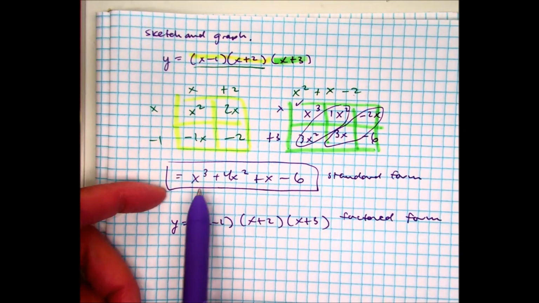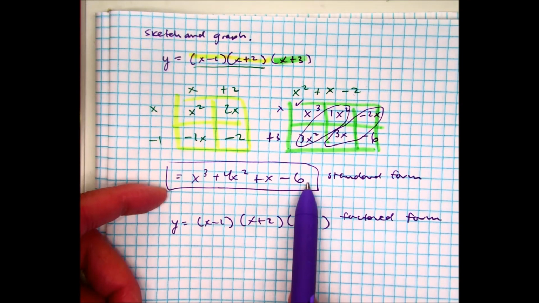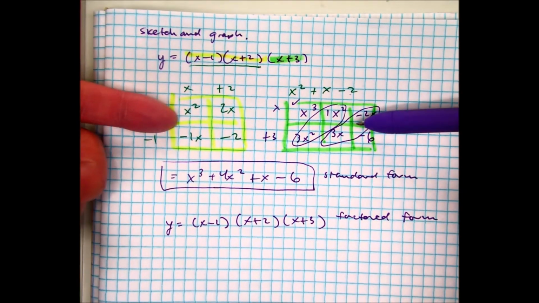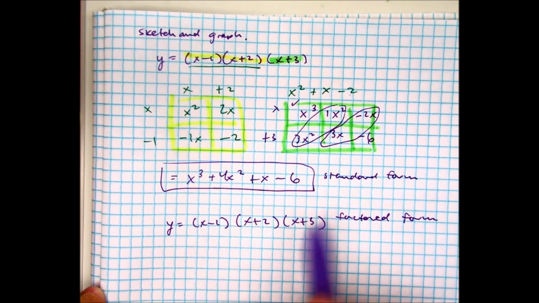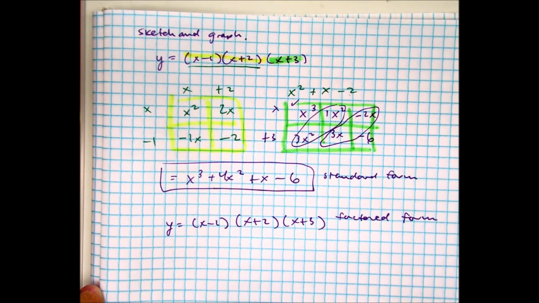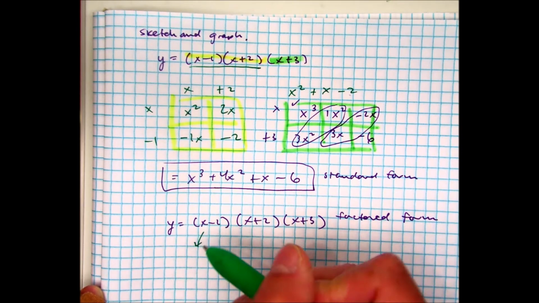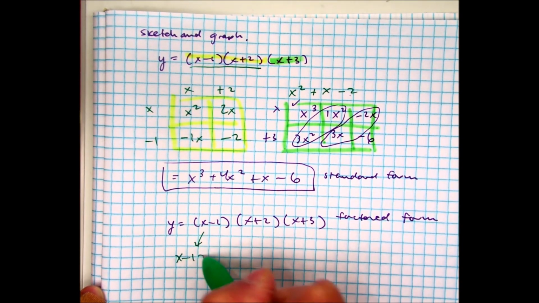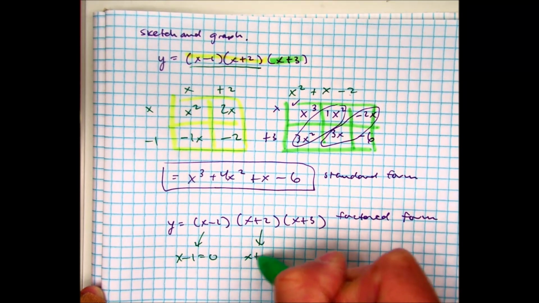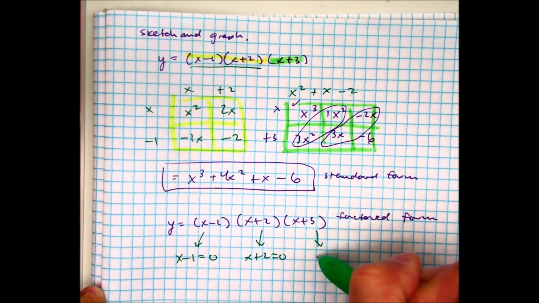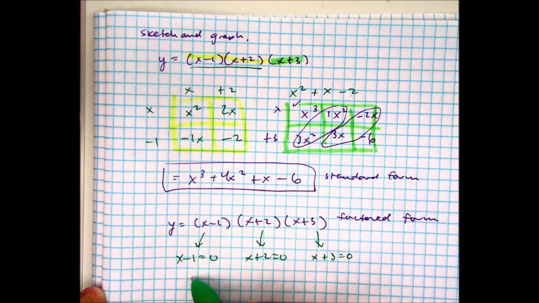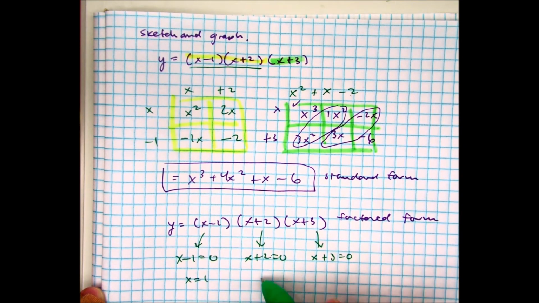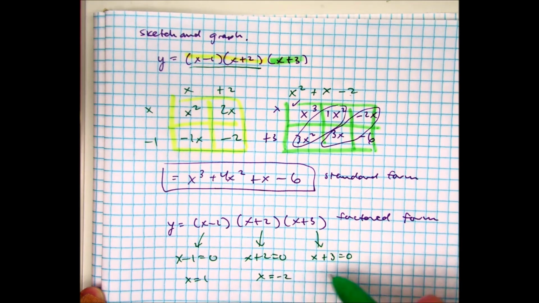Eventually you can factor it to go from here back up there. So if I look at this now, I need to use the zero product rule. Zero product rule says each of these equal to 0. Class, x is equal to 1. x is equal to, and here.